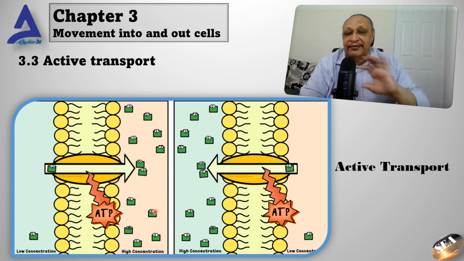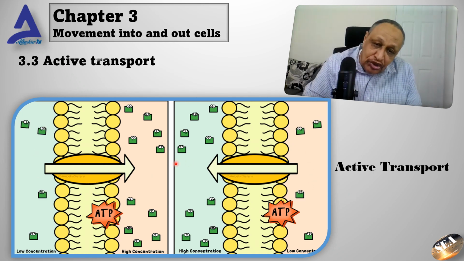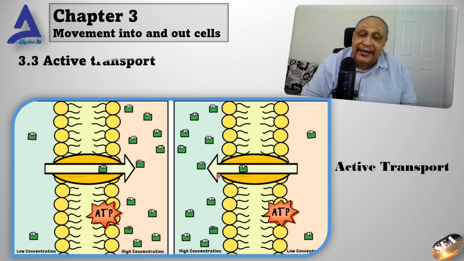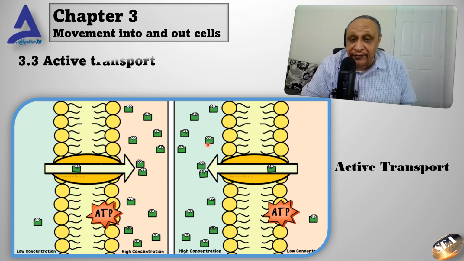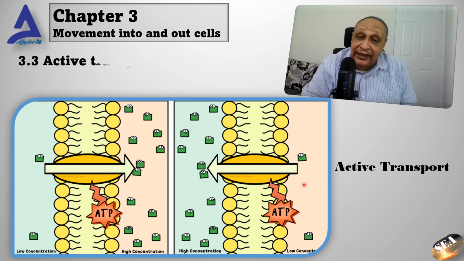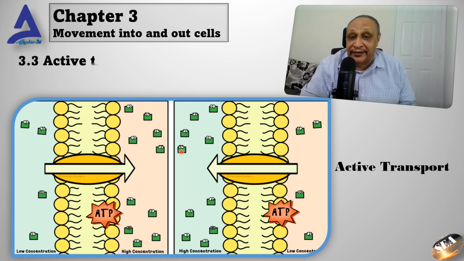Now let us make it vice versa, from outside into the inside of the cell. So the inside of the cell contains a lot of this green molecule, but still this cell needs more. So it takes it from the outside to the inside.